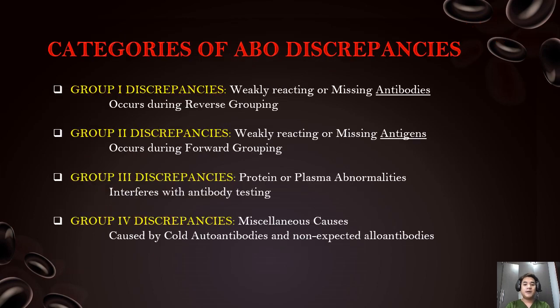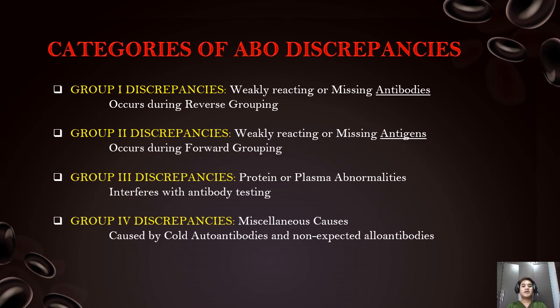So, ABO discrepancies are actually categorized into four main groups, and each discrepancy classification is resolved with a different approach. So, a review: ABO discrepancies occur during forward typing, on the reverse typing, or can occur on both of the grouping procedures. Meaning to say, a discrepancy may arise if there's a problem with the patient's red cells or antibodies.